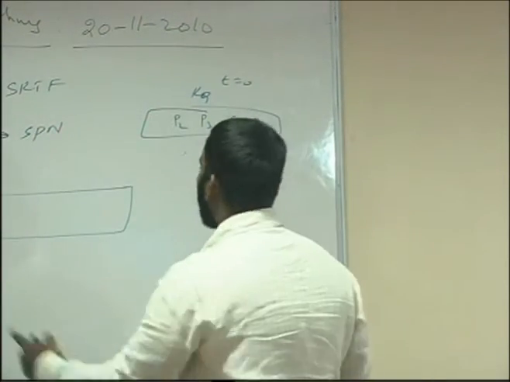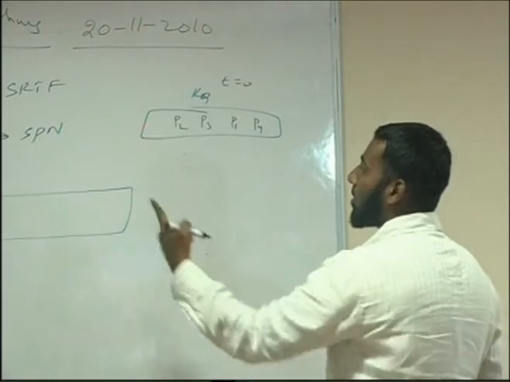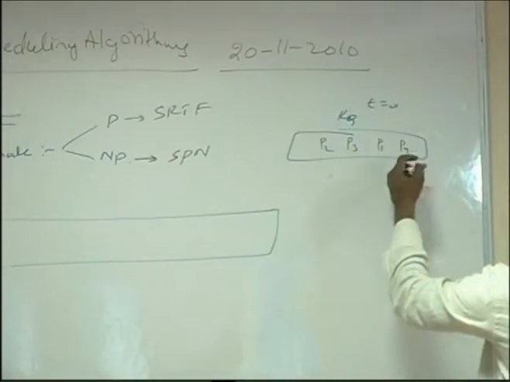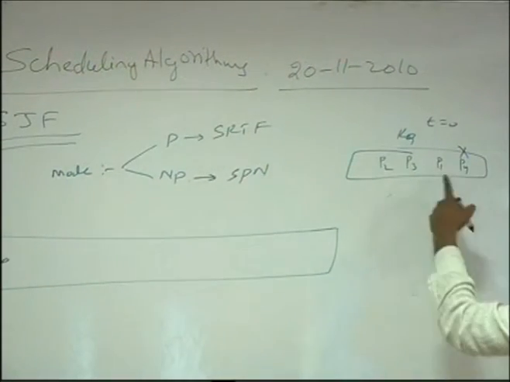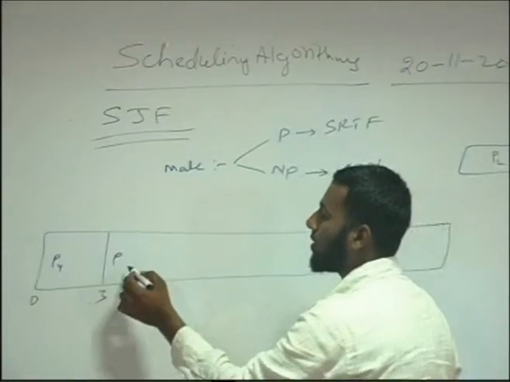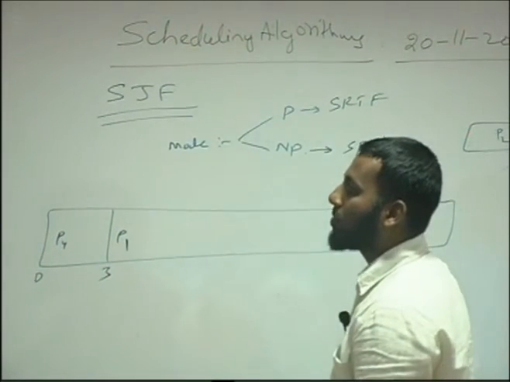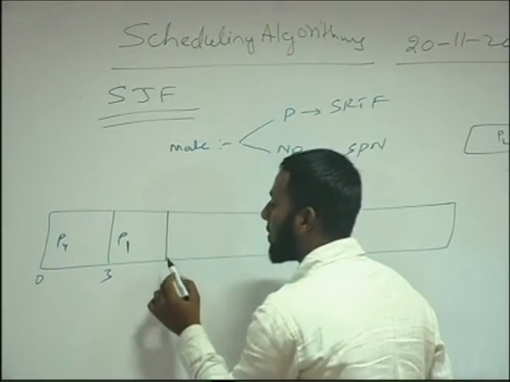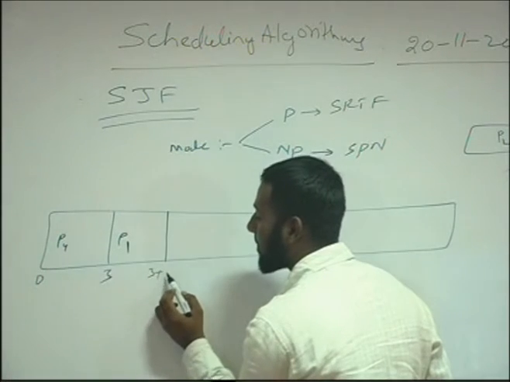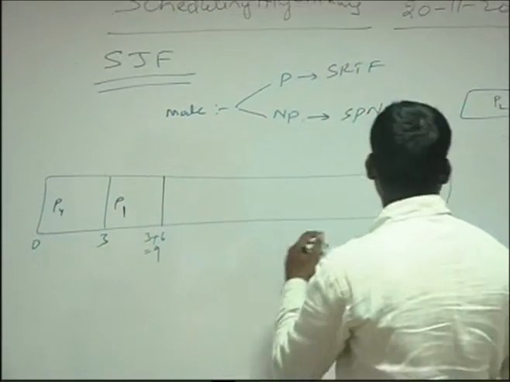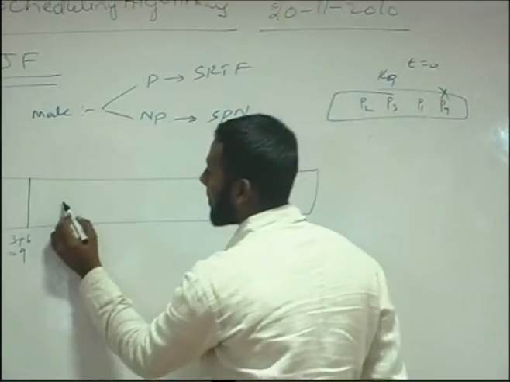Now, when process P4 is completed, because it is non-preemptive, it runs to its completion. Process P4 has been completed, and the next process P1 will be allowed to run. Process P1 takes 6 units of time, which is 3 plus 6, equal to 9, and then comes process P3.